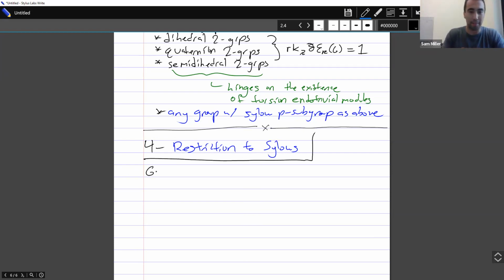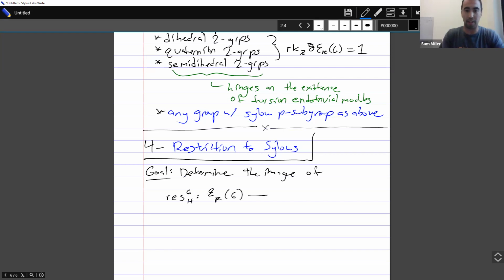So the goal is to determine the image of the restriction map from G to H on EKG, where H lives between S and G for some Sylow subgroup S.